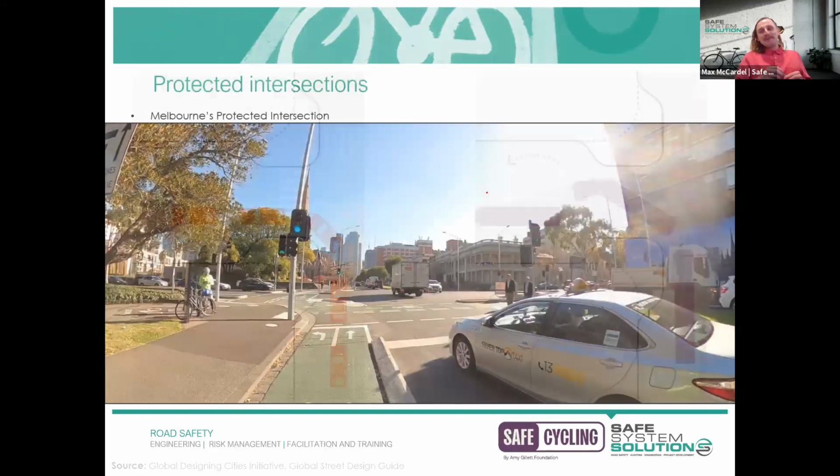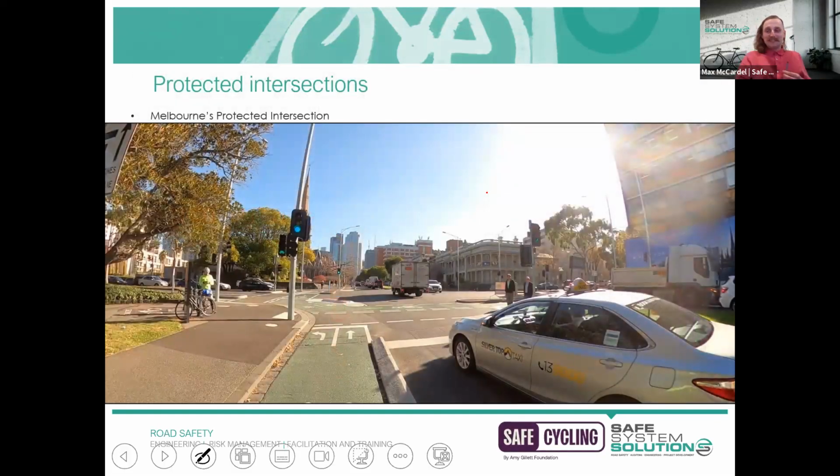I'll show you an example of this protected intersection at ground level, and this is from the perspective of the cyclist riding through. And we do very conveniently have a taxi here that is performing a left turn. So this really hopefully solidifies why I've been talking about protected intersections for over an hour now, exactly why we're doing this.